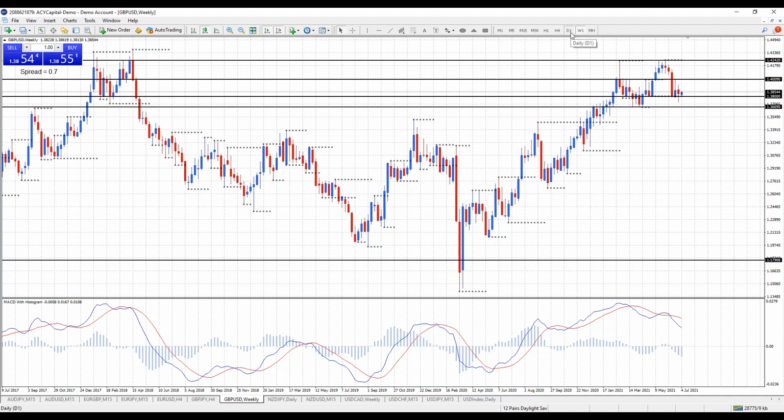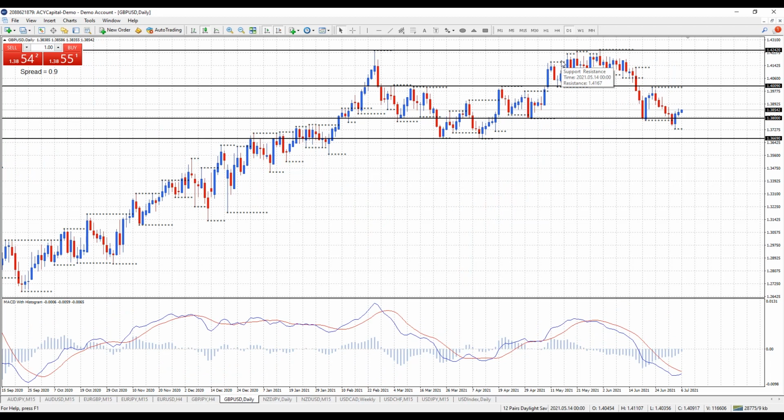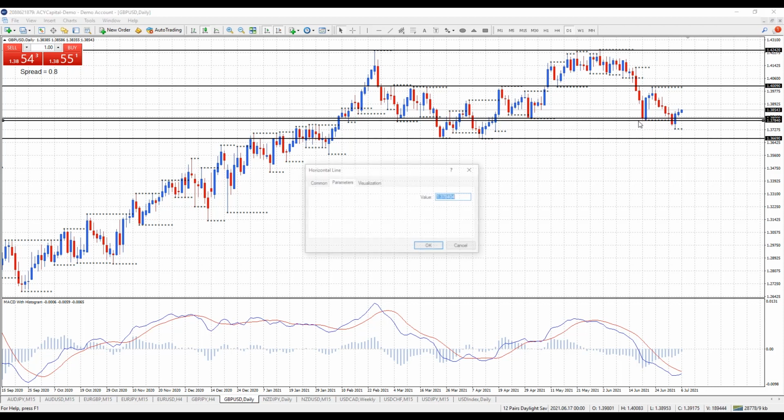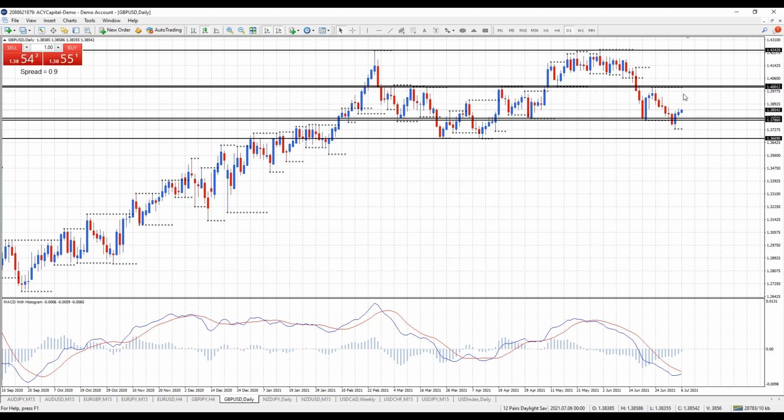Moving down to the daily, just putting in daily support. There's a level here at 137.86. And resistance, which is close to weekly resistance up here, at 140.1.